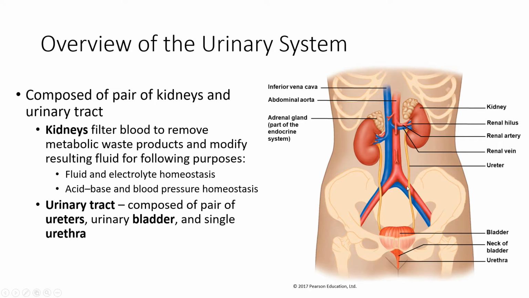And each ureter is going to empty into the urinary bladder on the floor of the pelvic cavity, where urine is going to be stored. And of course, urine exits the body from the urinary bladder through the urethra. And of course, the urethra is what allows urine to exit the body.